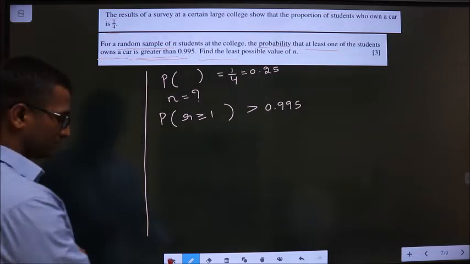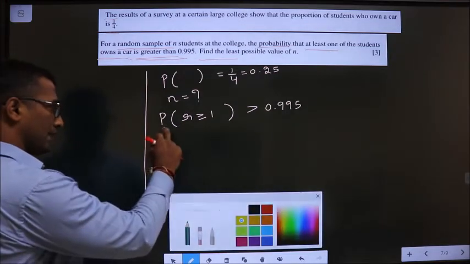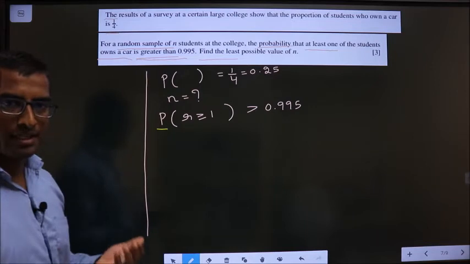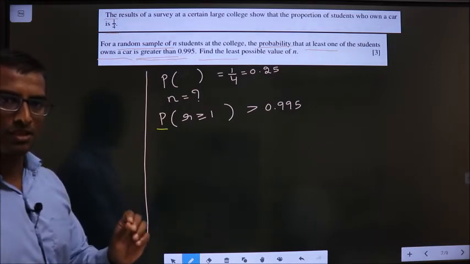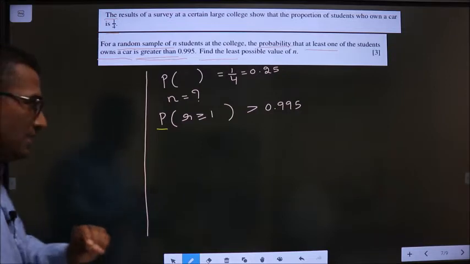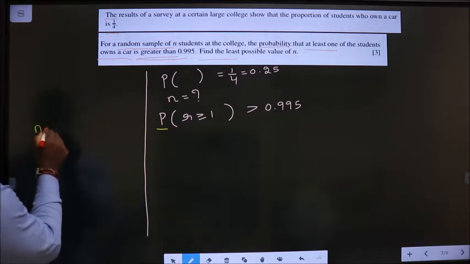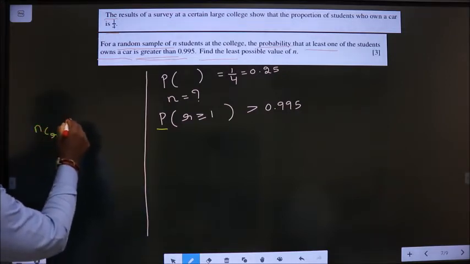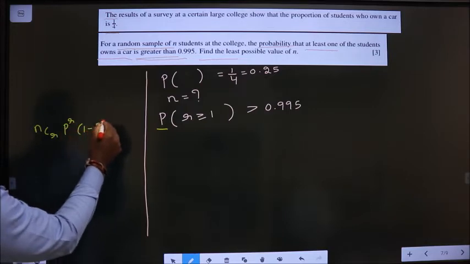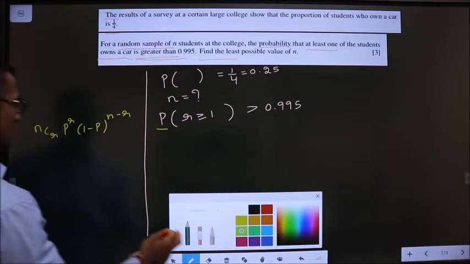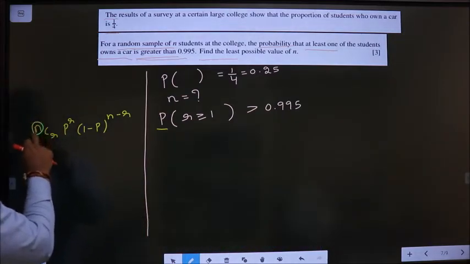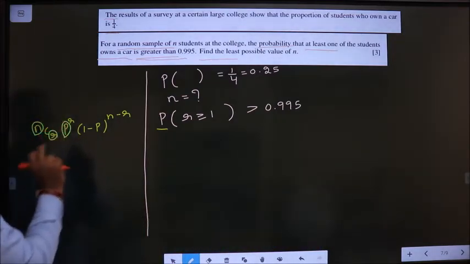Okay, now here I should get the idea of using binomial distribution, and the formula for binomial distribution is nCr p power r, 1 minus p power n minus r. So I should know the value for n, r and p.